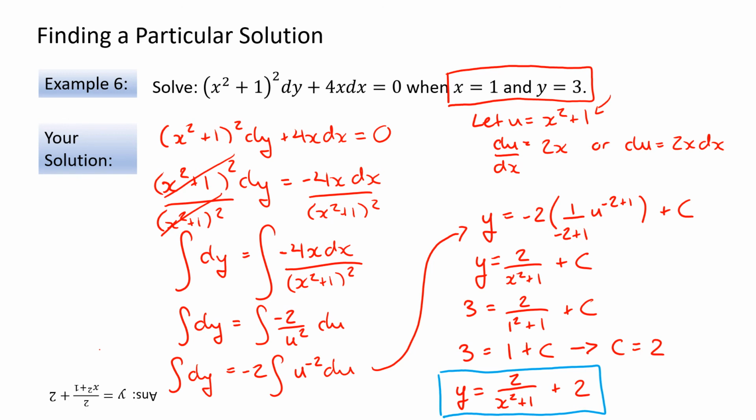That usually means you end up with two constants, because if you have a second order function, you have to integrate twice, meaning each time you integrate, you have a constant. If you have a first order equation, when you integrate, you only end up with one constant, versus the two constants with a second order. So that's why once we solve for this constant, it becomes a particular solution.